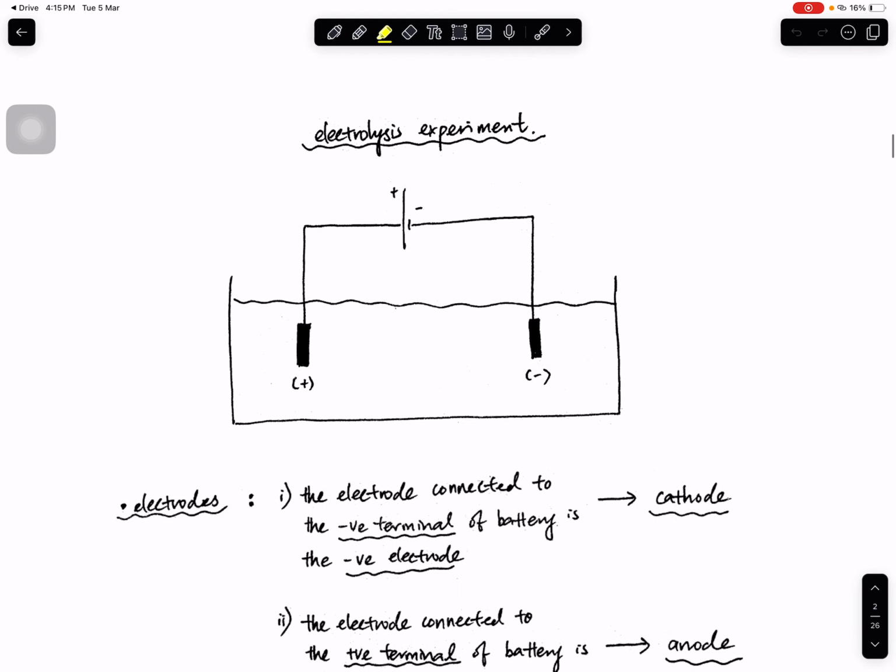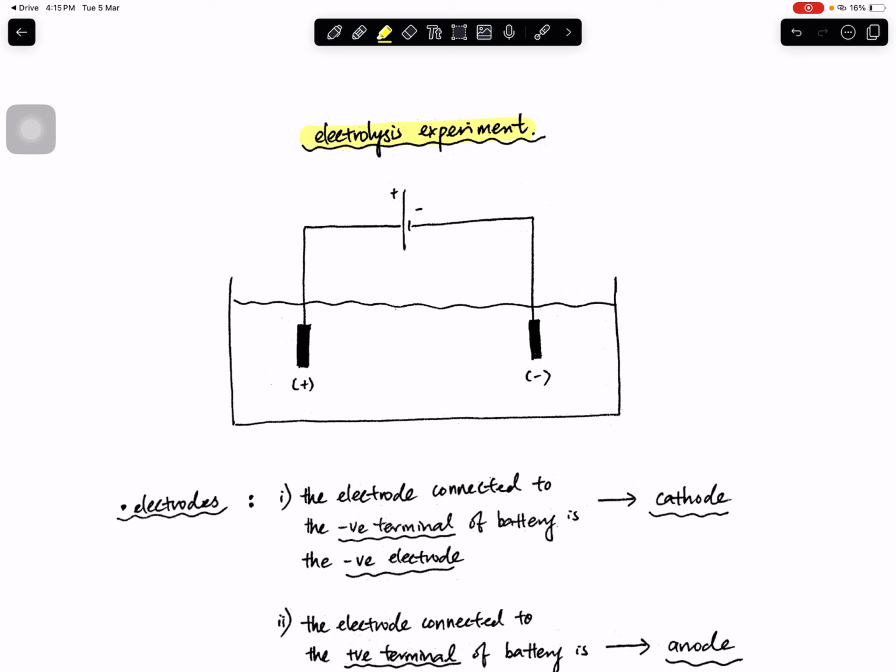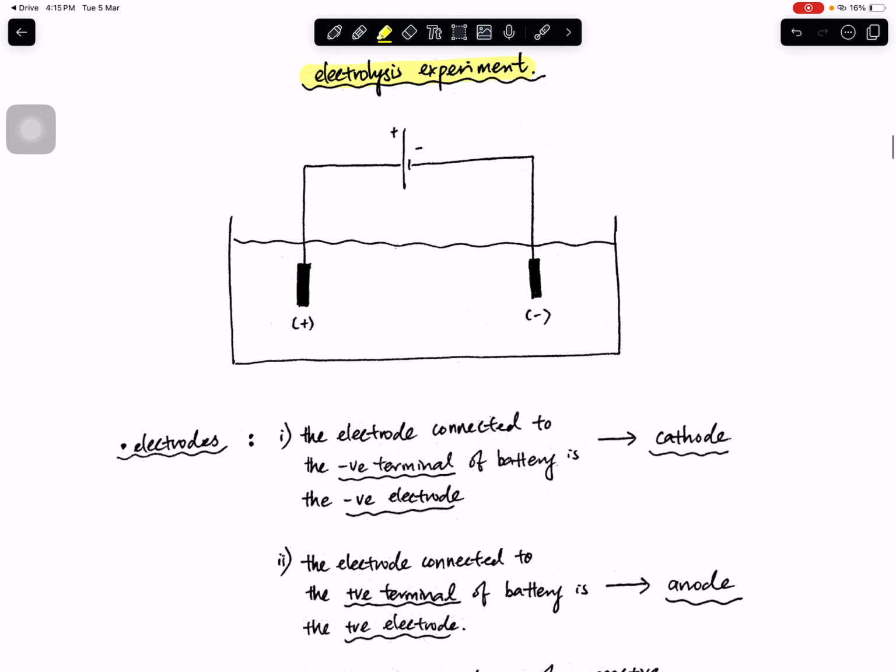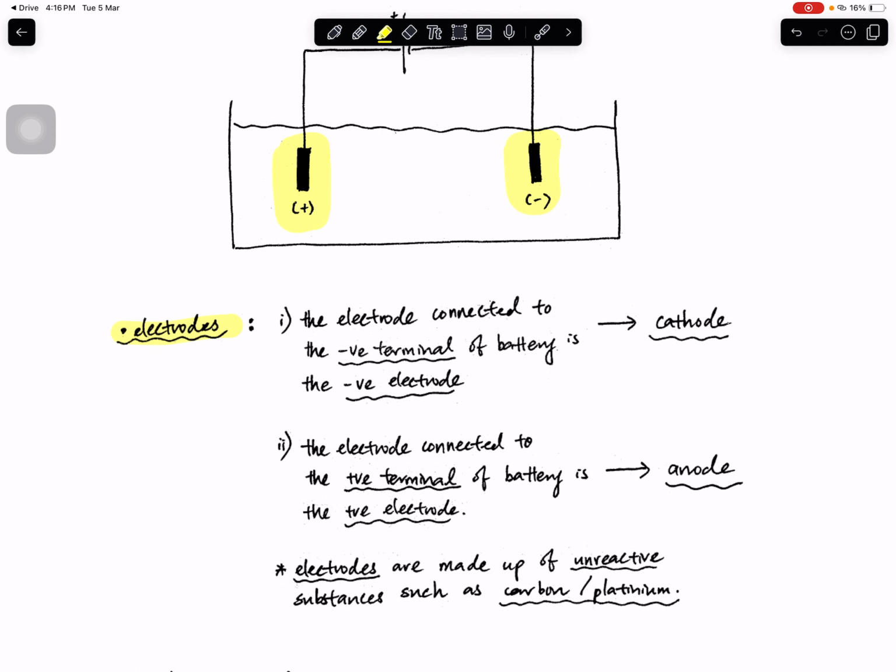Okay, when you look at an electrolysis experiment, there are a few things to take note of. The first thing you want to pay attention to is these two black things here. This is what we call the electrodes. The electrodes are connected to the battery and you have two of them. One is called the cathode and one is called the anode.